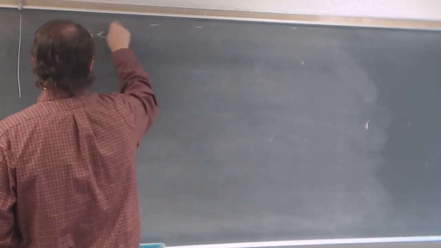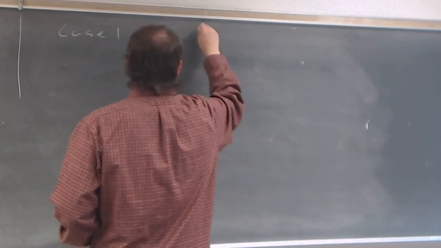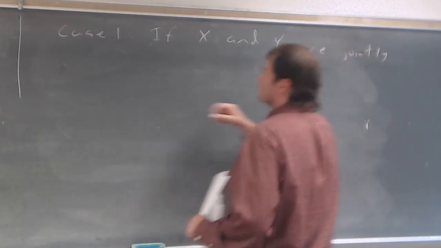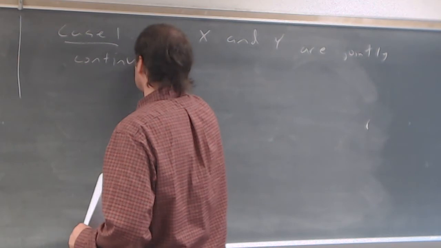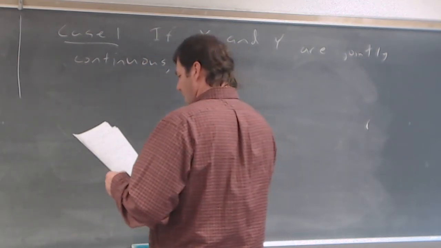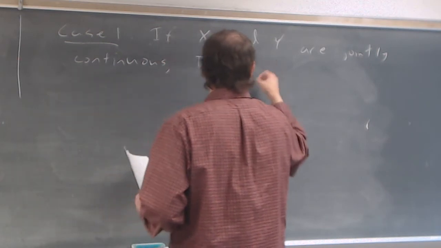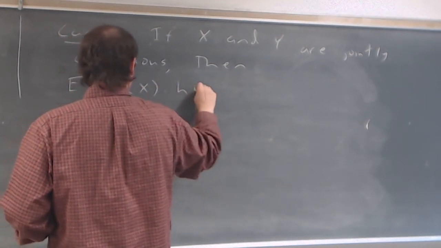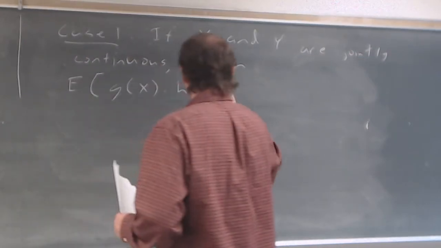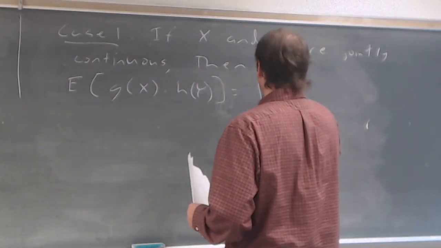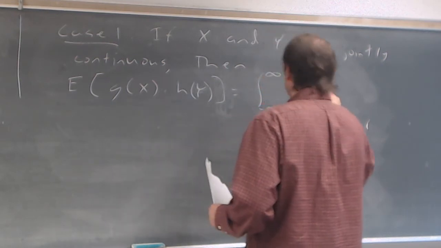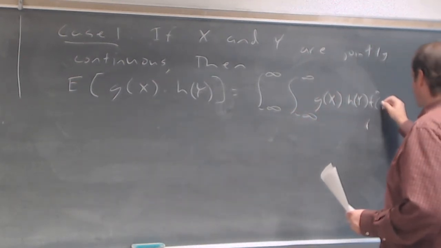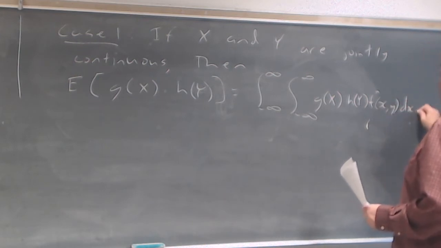Let's have case one: if x and y are jointly continuous, then, as we had written before, the expected value of g of x times h of y will be equal to the double integral from minus infinity to infinity of g of x, h of y times the joint PDF, f of x, y, dx dy.